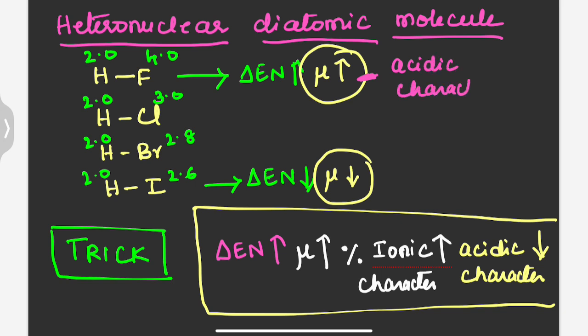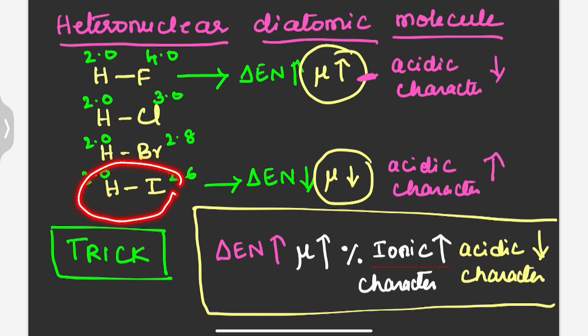And here the acidic character will increase. So now can you say which is more acidic in nature? Here HI has more acidic character when compared to HF. What is the reason? Because of the dipole moment. The dipole moment is less, therefore the acidic character will be more.